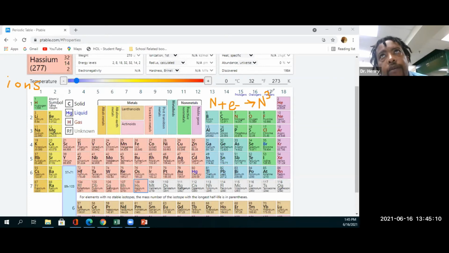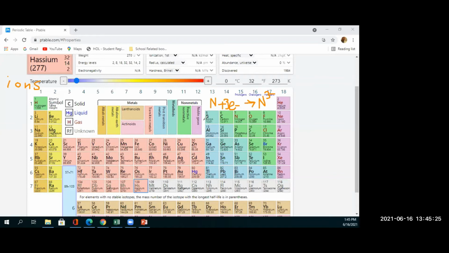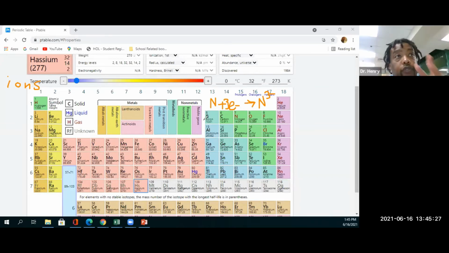So we write 3 as a superscript and we put a minus to let us know that it's 3 minus charges. Okay, why is it 3 minus charges? Because it needs 3 electrons, and we know that electrons are negatively charged, right?